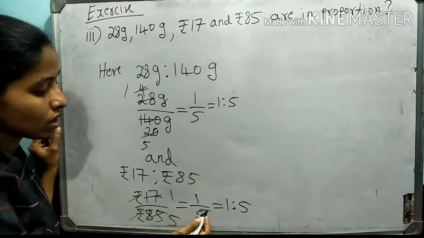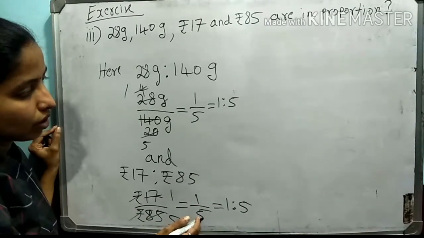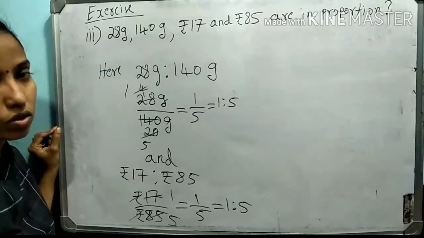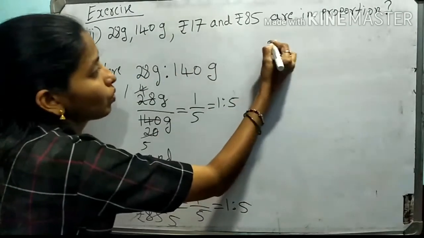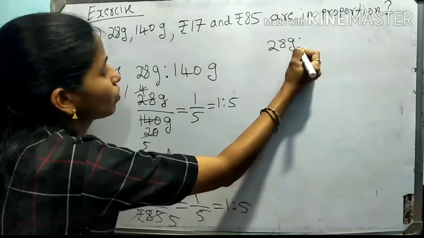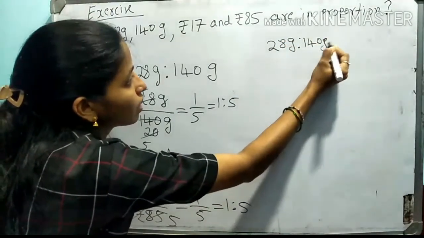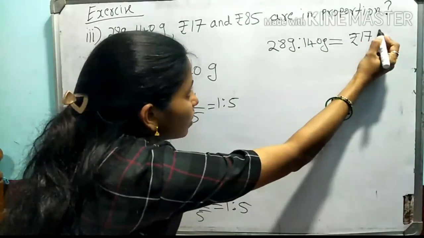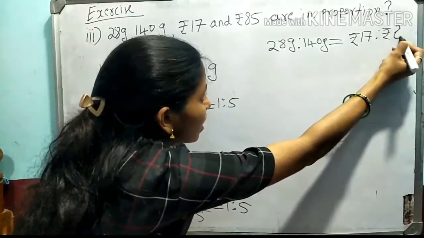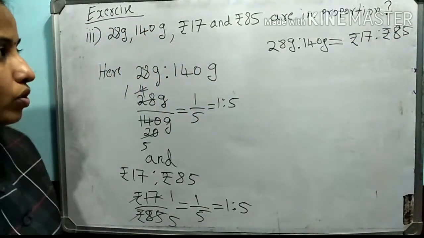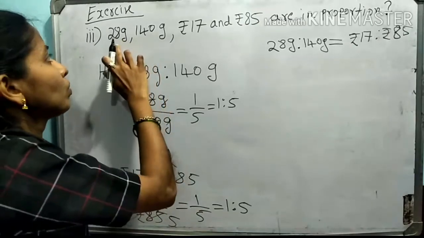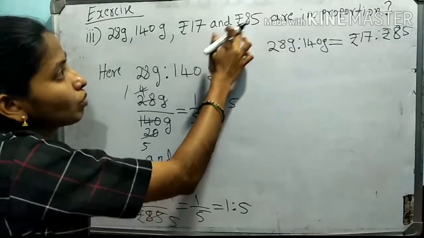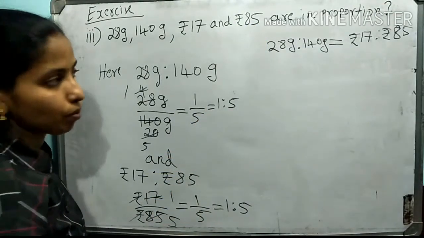So 1:5 is equal to 1:5. So 28 gram is to 140 gram is equal to rupees 17 is to rupees 85. So we can write 28 gram, 140 gram, rupees 17 and rupees 85 are in proportion.